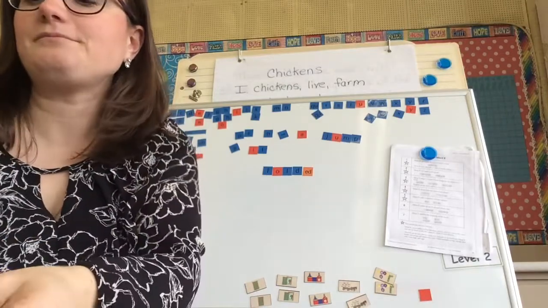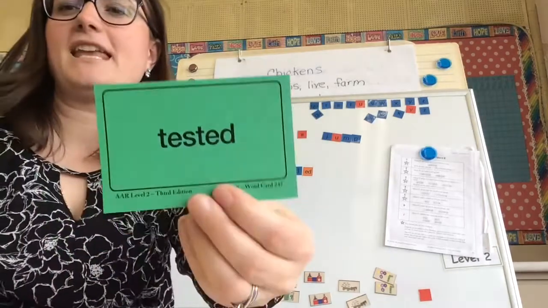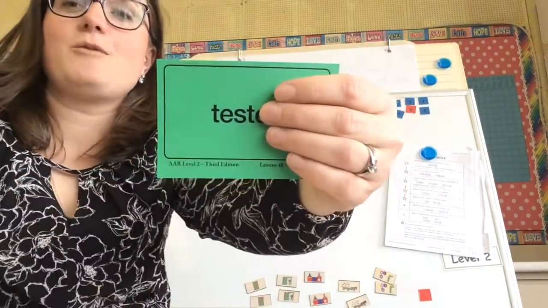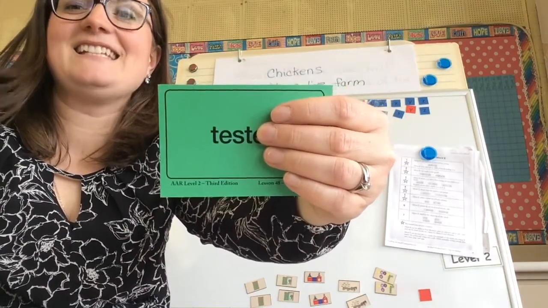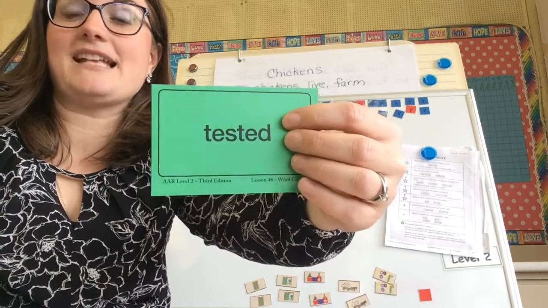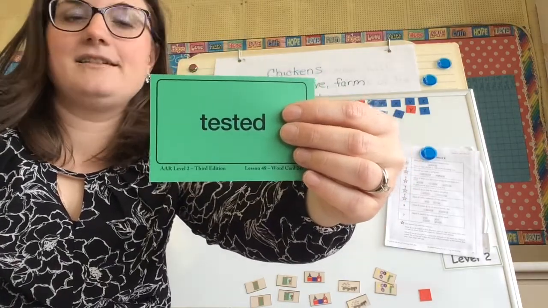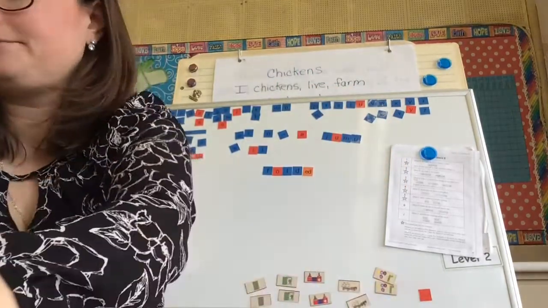Now I'm going to hold up some words here and see if you can sound it out. I'll cover up the ed first. And what does that say? So today, yes, and now let's say it in the past. Yesterday I tested, tested. So we have the id on the end. Perfect.